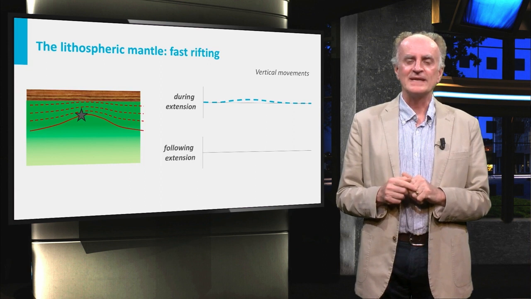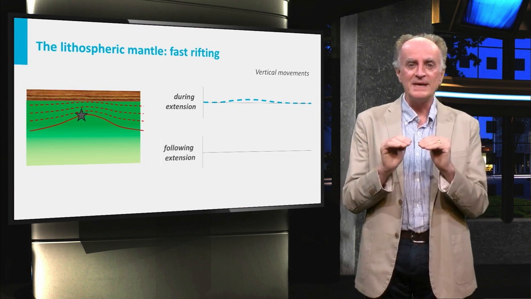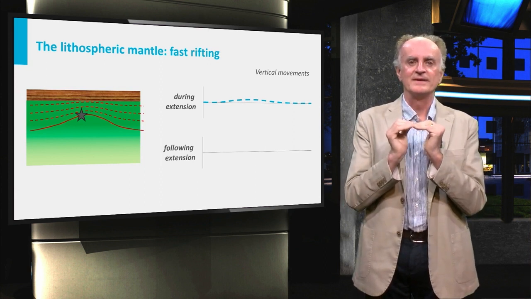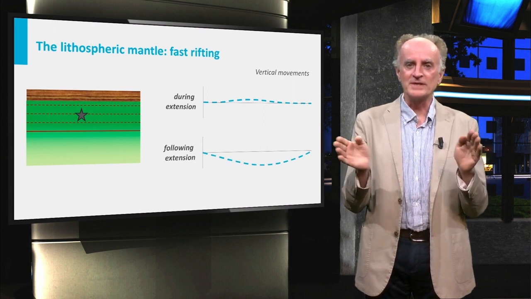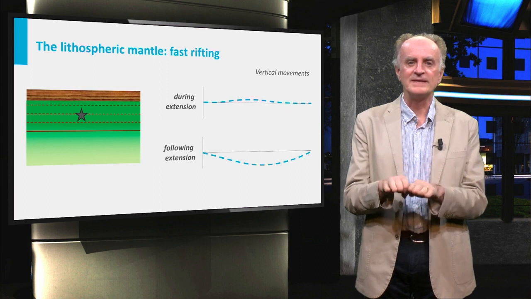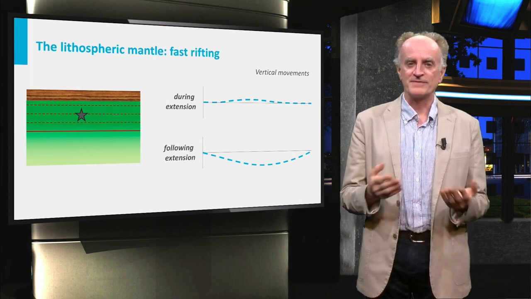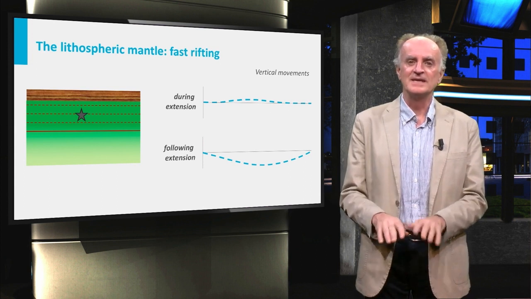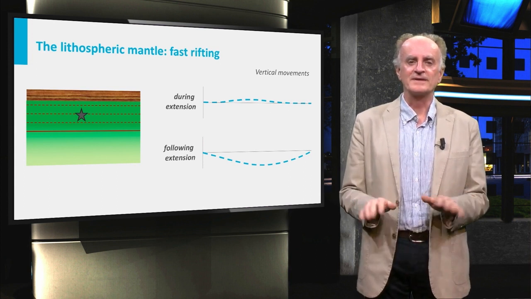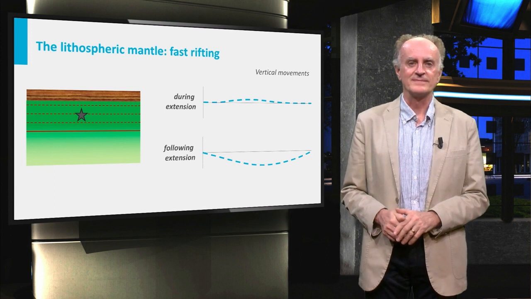This will translate in little vertical movements, maybe even some uplift. Following the end of extension, the thermal anomaly will not be supported anymore by extension and will decay. The lithospheric mantle will become thicker and subsidence will take place. This despite being after the end of rifting.